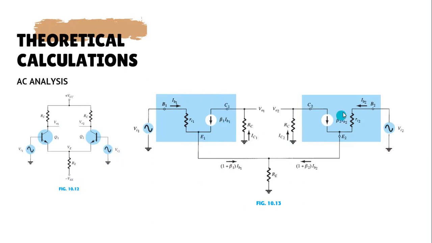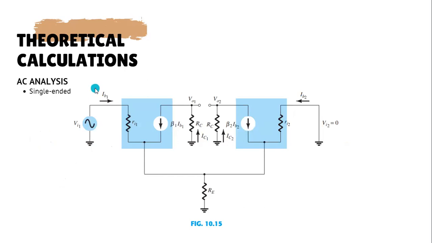Everything in the blue box here is basically the inner workings of each transistor. Like this left box here is for the Q1 and the right box is for the Q2. As you can see, it also has a current source. It also has IB1, RA1, beta 1, IB1, and IB2, beta 2, IB2, RA2, and B2.